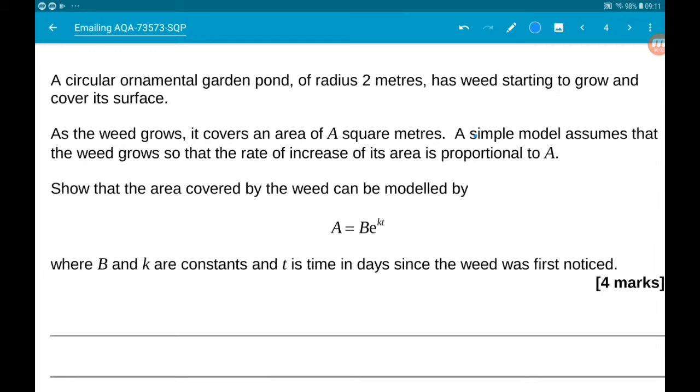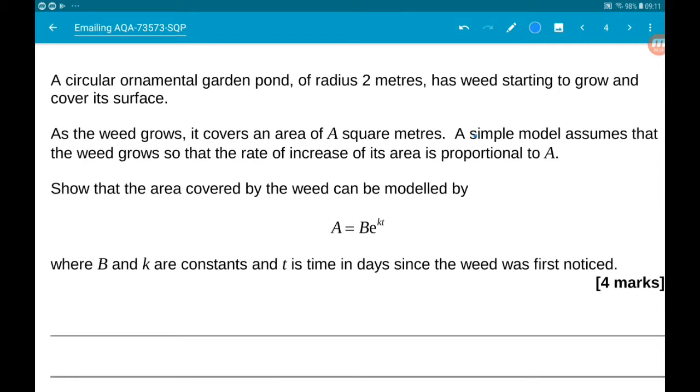Question 3, pretty big one here, involving a differential equation and then an exponential model. A circular ornamental garden pond of radius 2 meters has weed starting to grow and cover its surface.